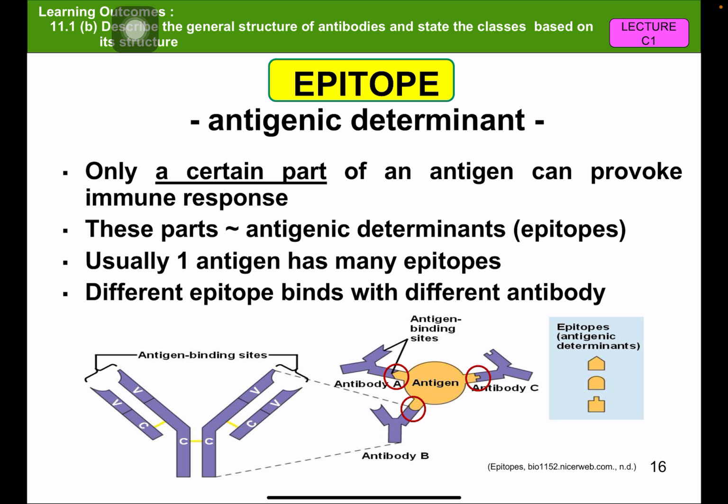So you can see here examples of the epitopes. We use different shapes. You can see this one will bind with antibody A, this one with antibody B, and this one with antibody C. So it will bind with different antibodies.